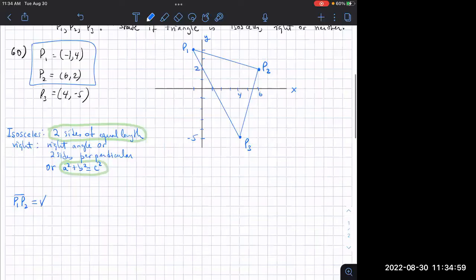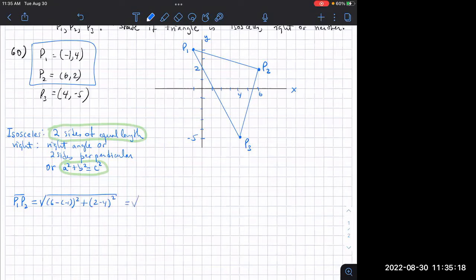So it's the square root of the difference on the x component, 6 minus -1, plus 2 minus 4, and they are squared, you add them and then take the square root.